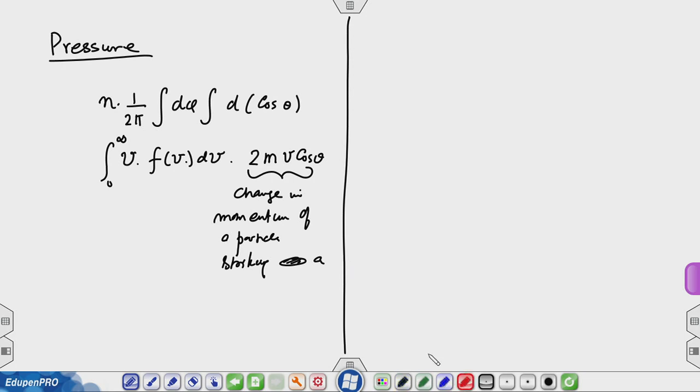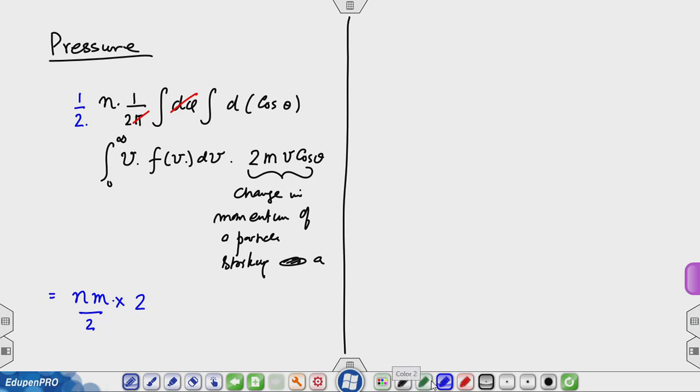So again, I can cancel this d phi and 2 pi. I get this to be equal to n, the mass, times 2, and there was a factor of 1/2 also. So there's a factor of 1/2 because the particles can go either way.